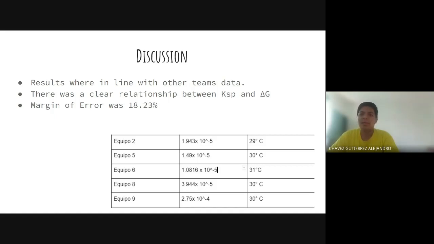With the KSP, we were able to determine that the variation of Gibbs free energy was 25,497.81 joules per mole. Finally, we calculated the margin of error in this experiment, which gave us a value of 18.23%, based on the absolute error of 2.0308 times 10 to the power of negative 4.